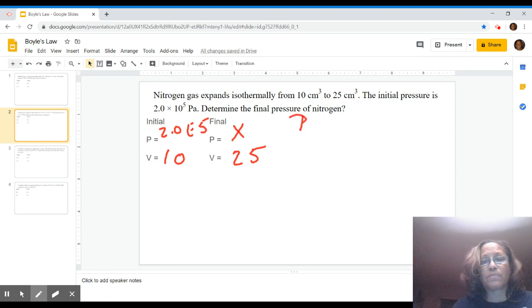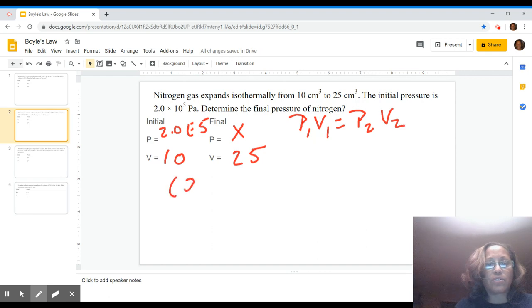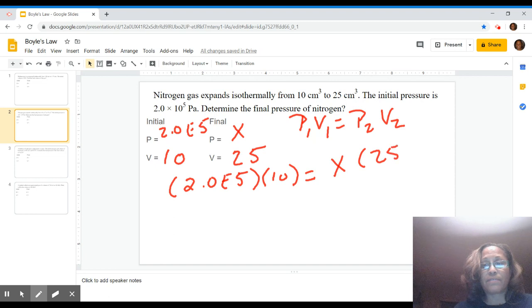Again, the formula is P1V1 equals P2V2. All right. The initial pressure, let me give myself a little room, is 2.0E5 times 10. Set that equal to the final pressure. I don't know, I'm going to call that X. And the final volume is 25.